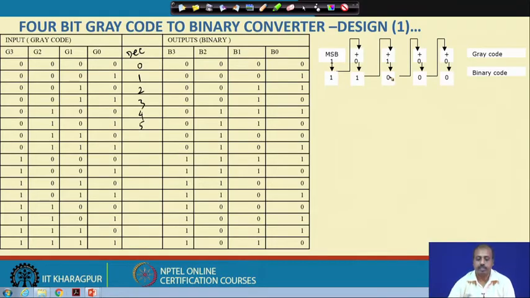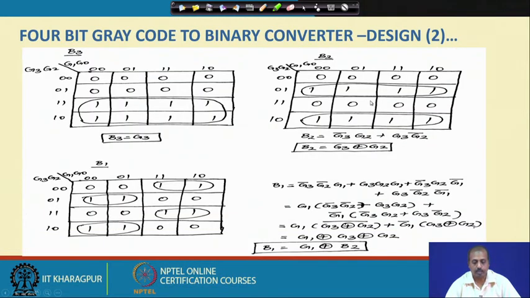We will see that this really happens if we look into the truth table. So, let us see, this is the truth table. For the function, B3 equal to G3, B2 becomes equal to G3 bar G2 plus G3 G2 bar. So, B2 is G3 XOR G2. Similarly, B1 becomes G1 XOR B2.